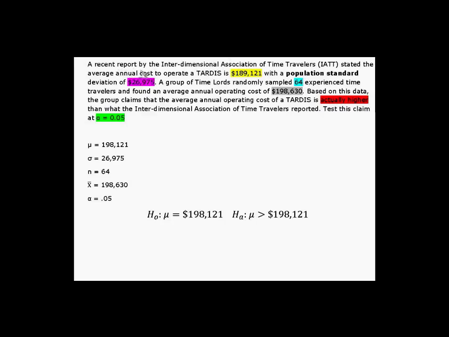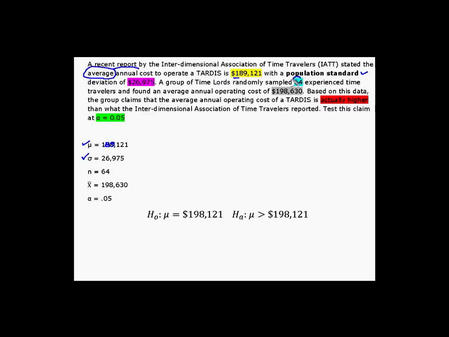So it stated that the average annual cost was $189,121, which became, without the typo, the mean. I was told that I had a population standard deviation, which is sigma, of 26,975, without a typo.